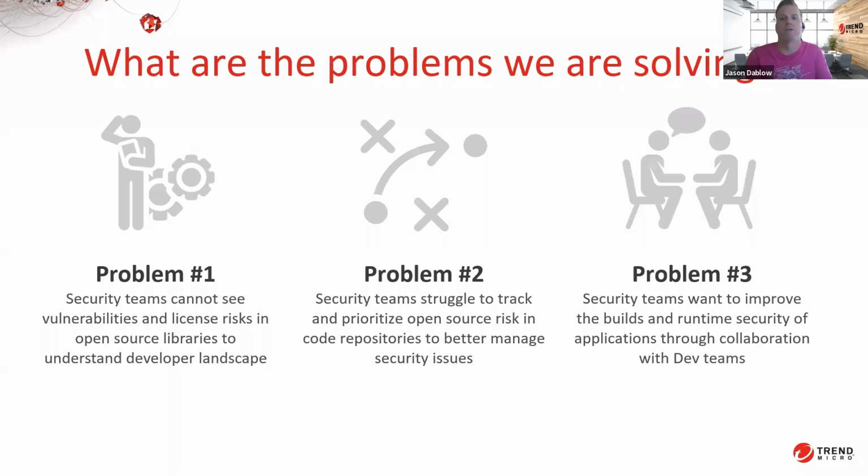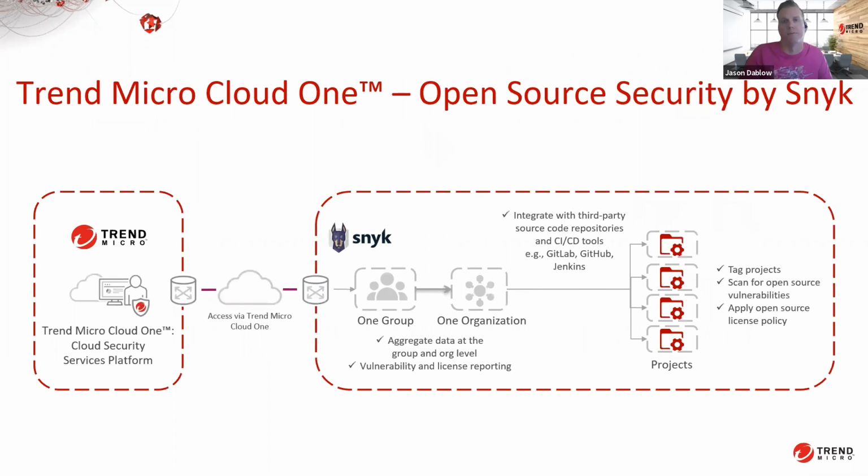And ultimately, we want to improve the build and runtime security of applications through collaboration with development teams. So we know exactly from a security perspective what might reach our runtime, so that we can also put runtime capabilities in place to circumvent those vulnerabilities while development teams are fixing them as well.